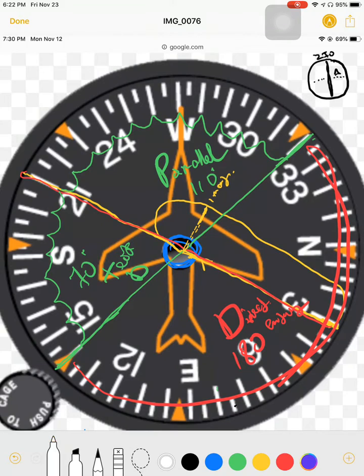So we're going to take a look at our tail section here, and our tail section shows that we are entering from the direct entry side here.